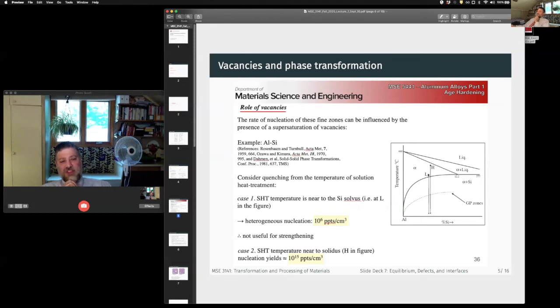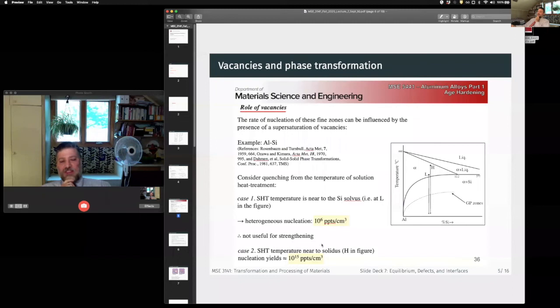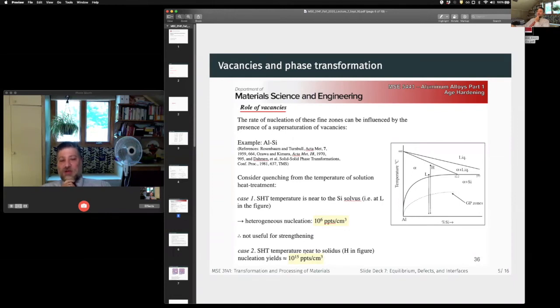If I'm near this solvus line and I quench down, I get about 1 million precipitates per centimeter cubed. But if I go up a little bit and I go close to the liquidus temperature and I quench down, I now get 10 to the 15th precipitates per centimeter cubed.